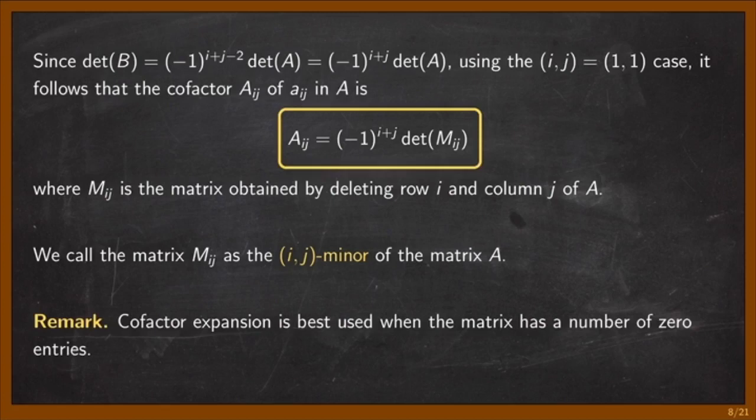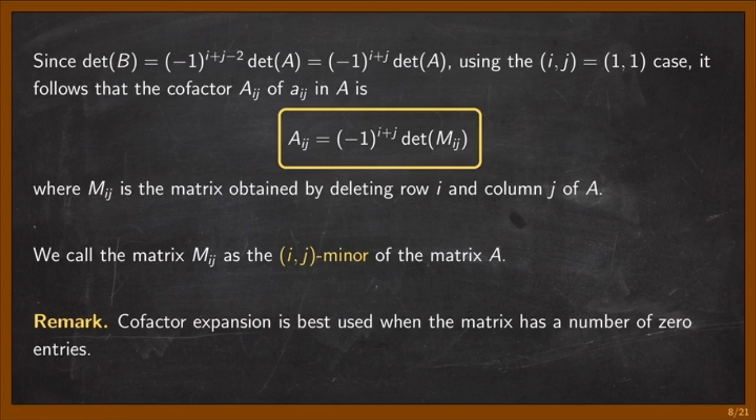Okay, so this gives us a formula for the cofactor of the ij entry. This method of computing the determinant is not claimed to be easier because, as you can see, we are expanding.